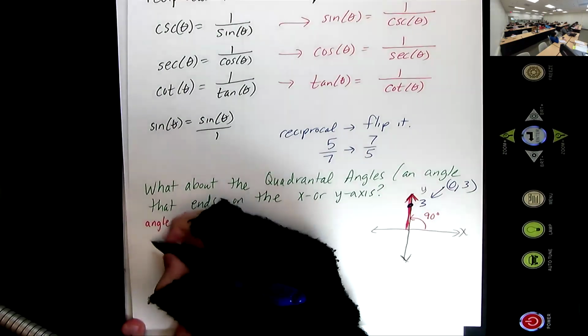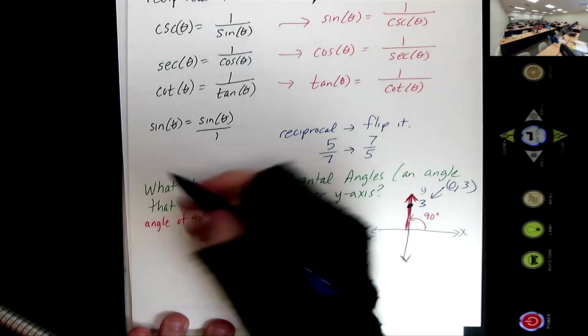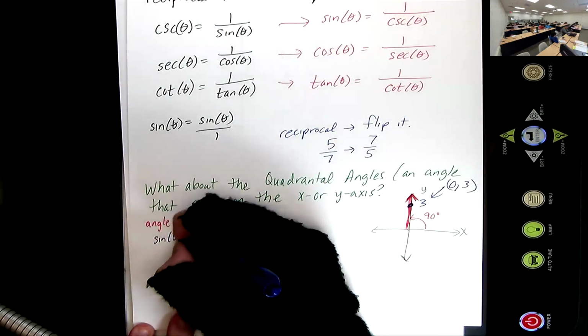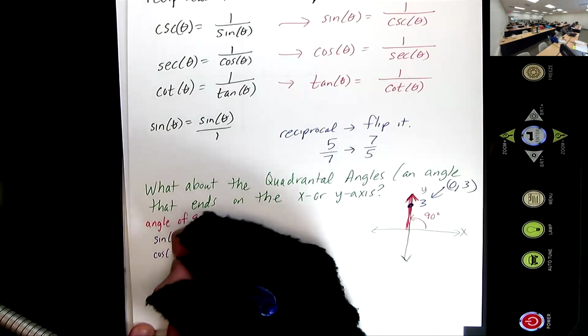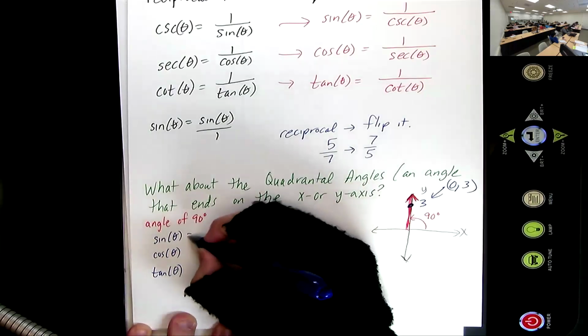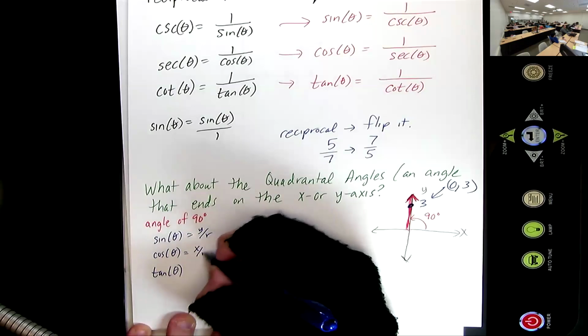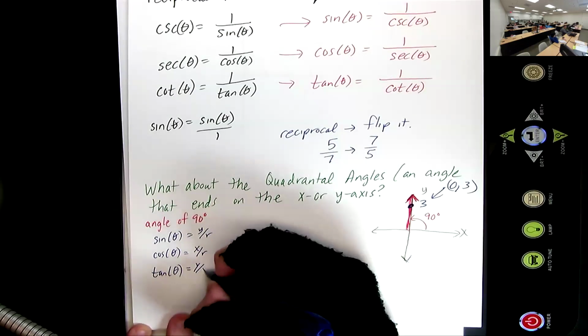And this is where not thinking about opposite and adjacent comes in, because I don't see the triangle, the angle looks funny. Let's think about the x and the r. Sine theta, cosine theta, tangent theta were y over r, x over r, and y over x.